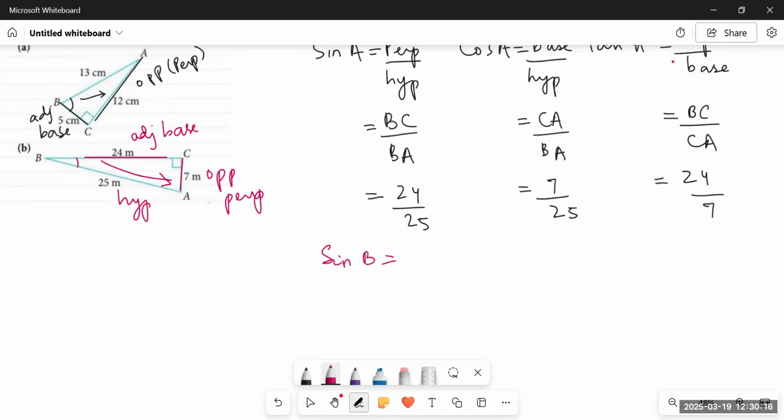This would be CA upon BA. Then cos B would be adjacent upon hypotenuse, that is BC upon BA. And tangent would be the opposite, that is CA upon BC.